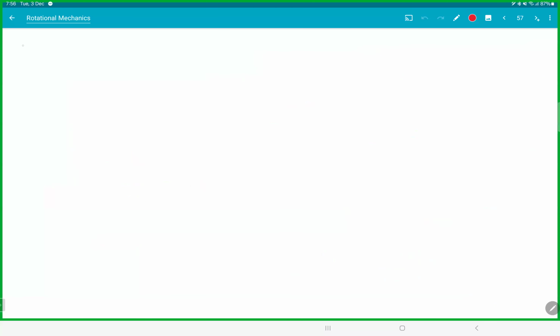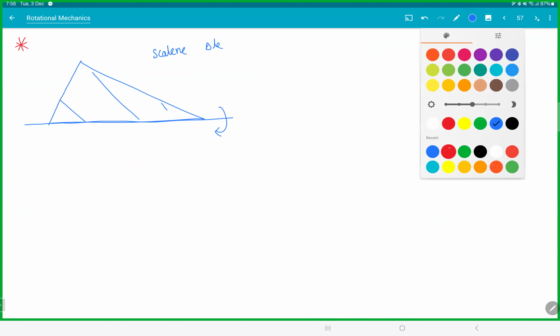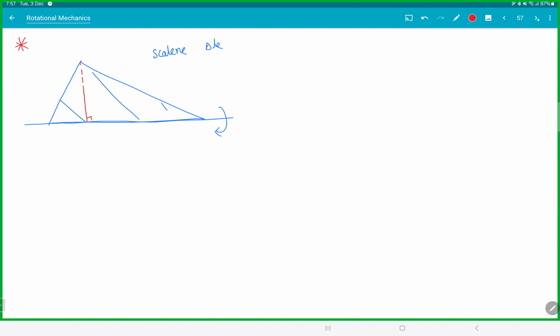This is a standard result. You can remember this. I'll turn the page back again. So if you have a scalene triangle, and let's say this height is h, mass is m, I can split this triangle into two pieces. One piece like this, mass m1, height h, plus the second piece like this.